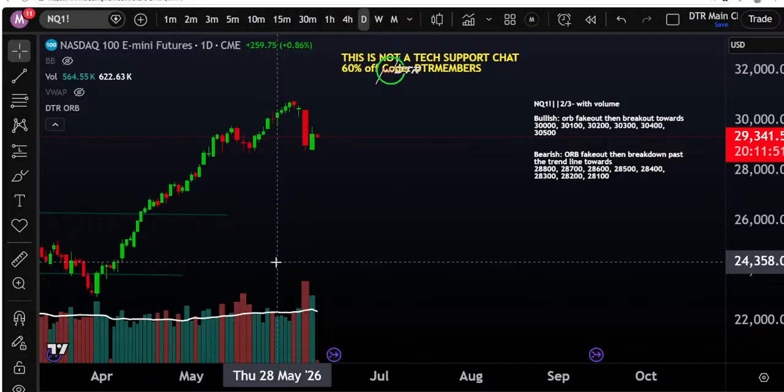So NQ is an index, right? And what makes up the index are a bunch of individual tickers. So what we're trying to figure out is how consistent the story is across the board so that we can judge how much confidence we should put into what the index is telling us.